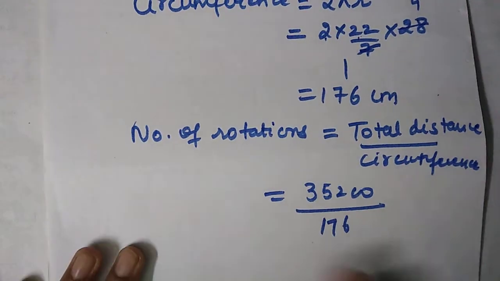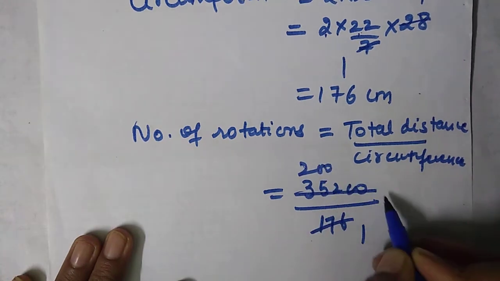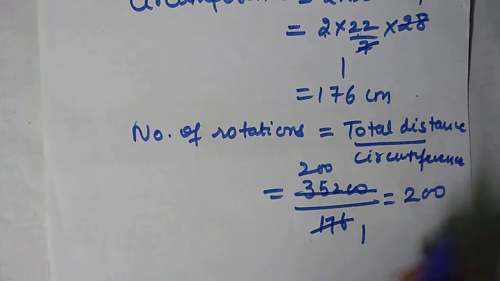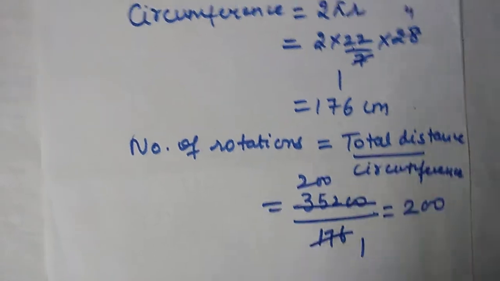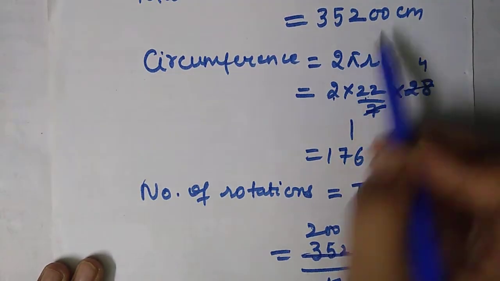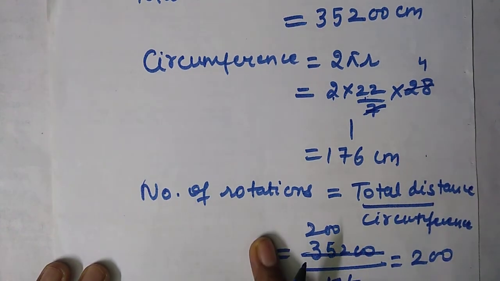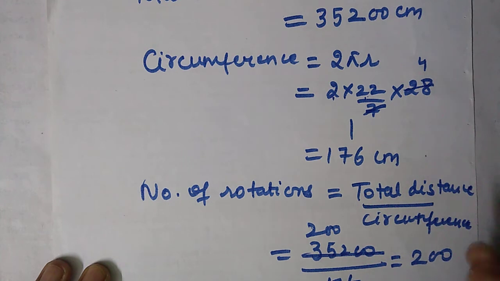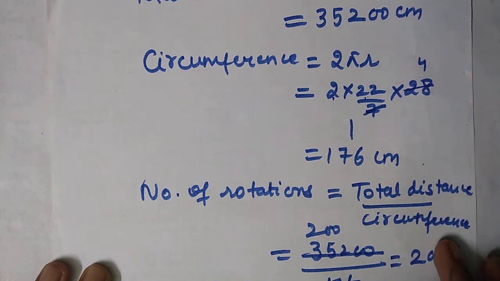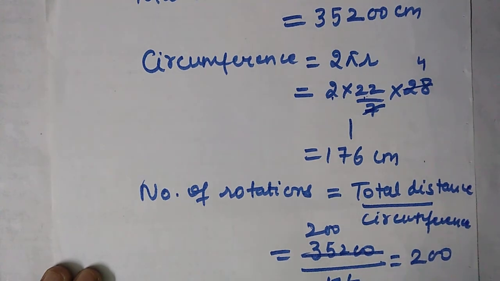Now cancel them, and you get 200. So the wheel must rotate 200 times to cover this distance. I hope it is clear how you will find the number of rotations. You just divide the total distance by the circumference. So this is your question number 16.